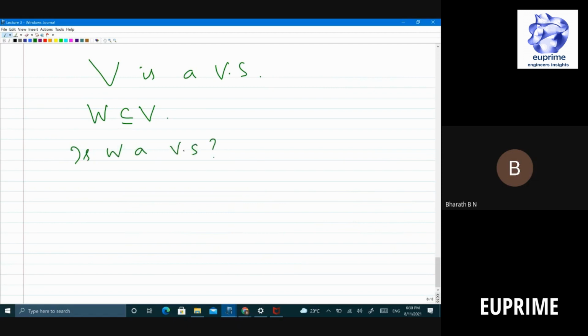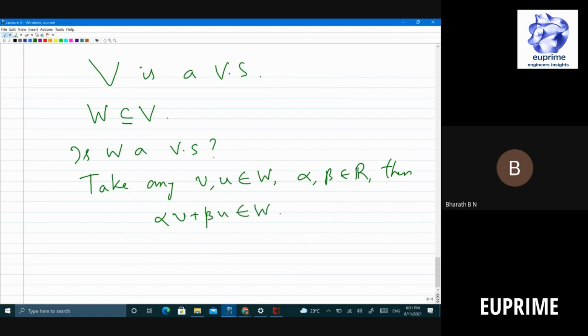The answer is given by: take any v, u in W, alpha, beta in R, then alpha v plus beta u belongs to W. This is enough. If this is satisfied, then W is a vector space, therefore W is a subspace.